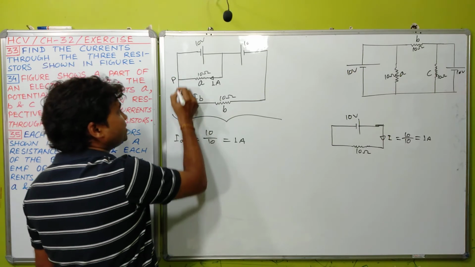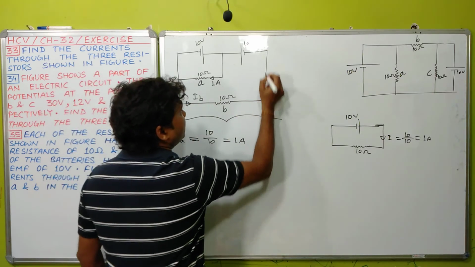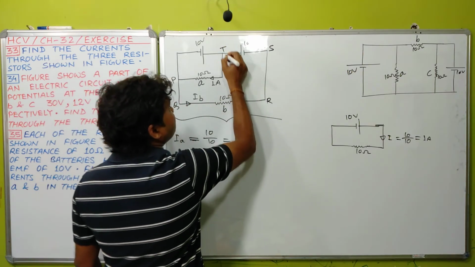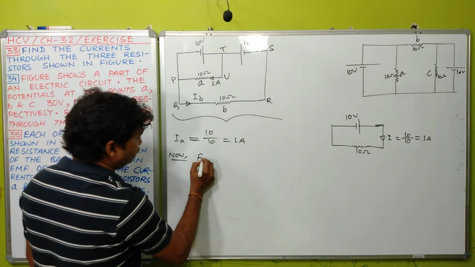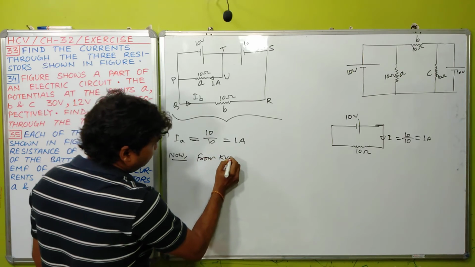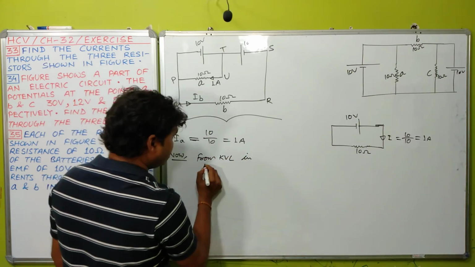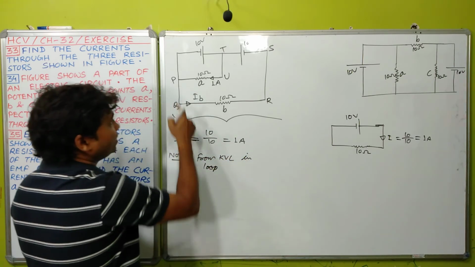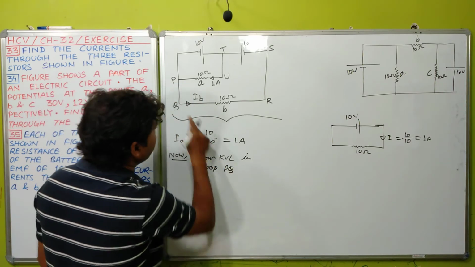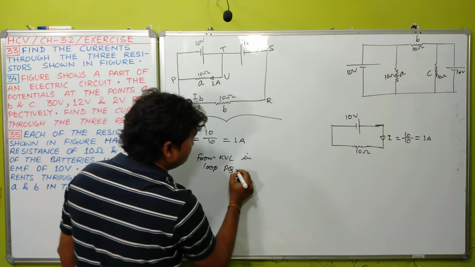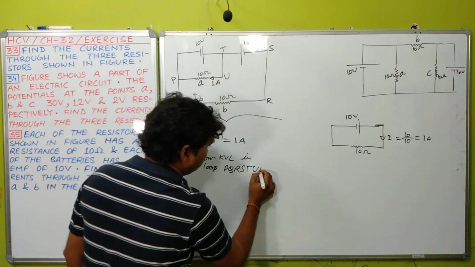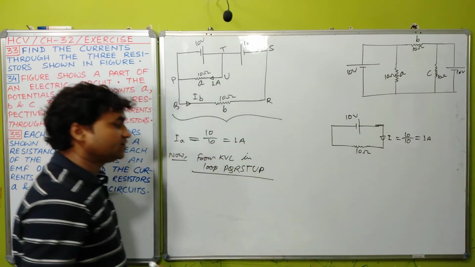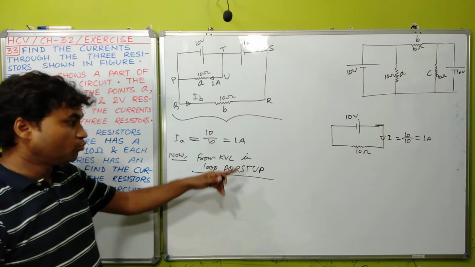Let this loop be P Q R S T U. From KVL in which loop? P Q R S T U P.